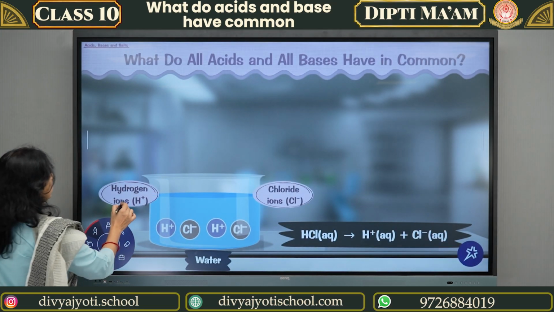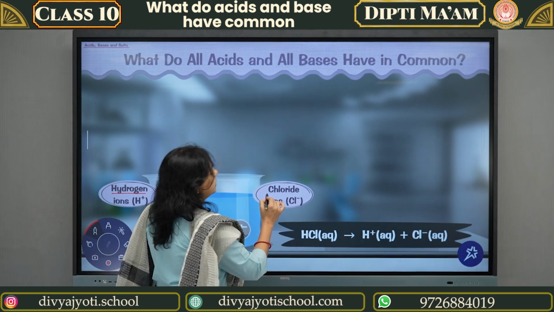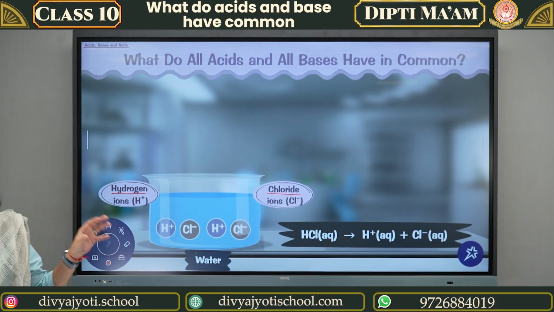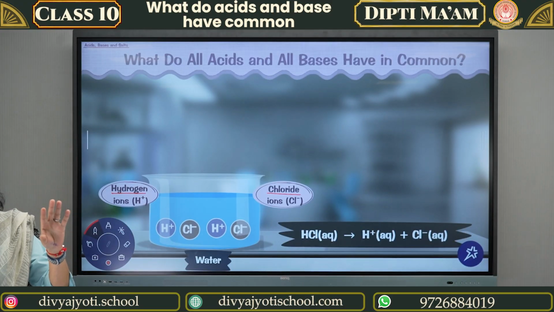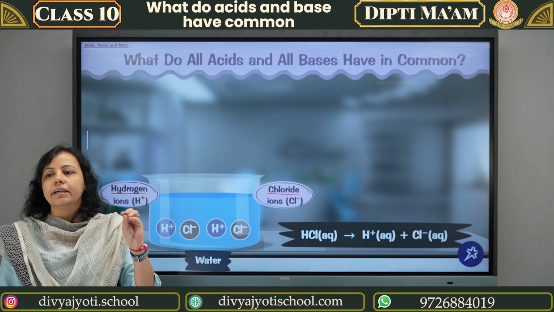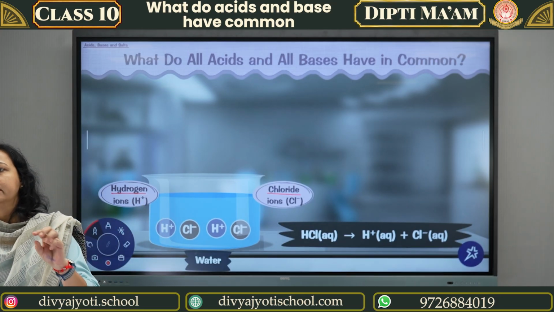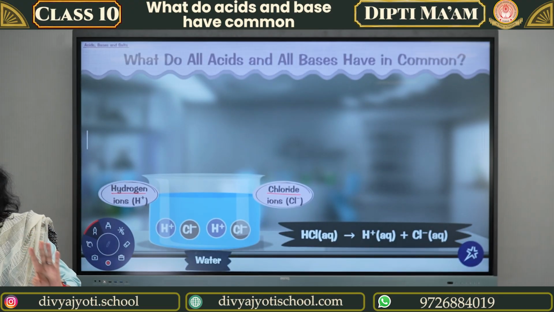The H plus ion is known as the hydrogen ion, and the Cl minus ion is known as the chloride ion. If the water molecule reacts with this HCl, only then does the ionization process happen. If the acid does not react with the water, if there is no combination between the water molecules and the acid, then the ions will not be produced.